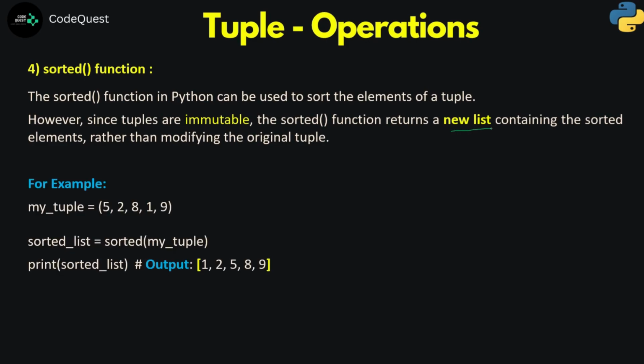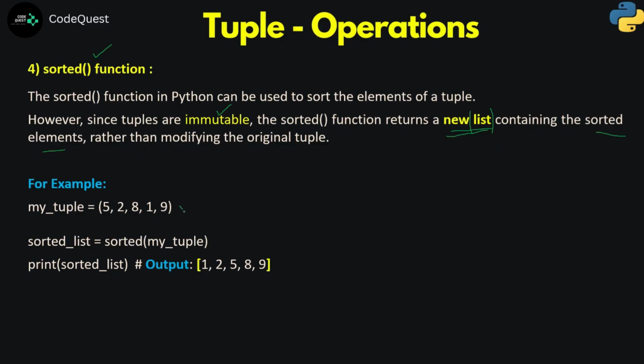So always remember the outcome of the sorted function: whenever you apply sorted on a tuple, the outcome is going to be a list, not a tuple. And this list is going to contain the sorted elements. Because the tuple is completely immutable, I cannot make any changes, so we are going to get a new list where all items are sorted.